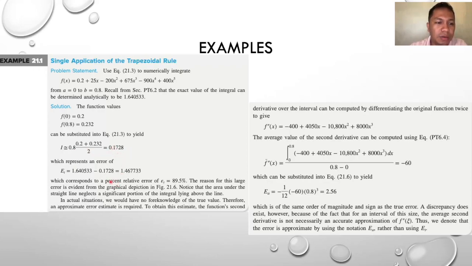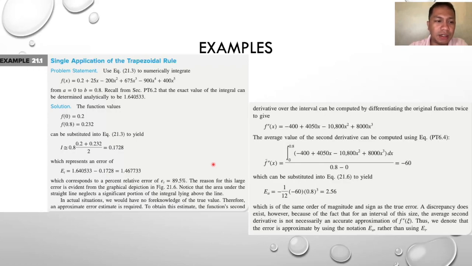which is equal to 0.1728, which represents an error of 1.467733, from 1.640533 minus the one that we got, that is 0.1728, which corresponds to a relative error of 89.5%.